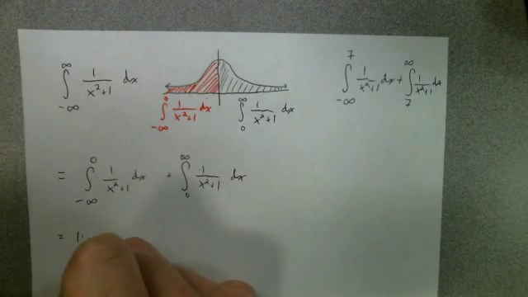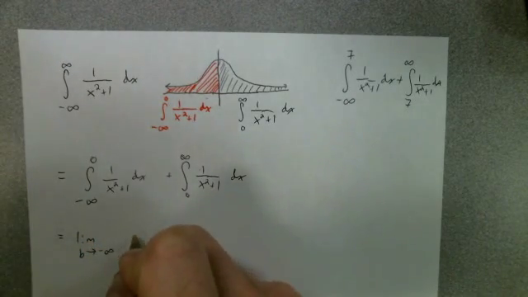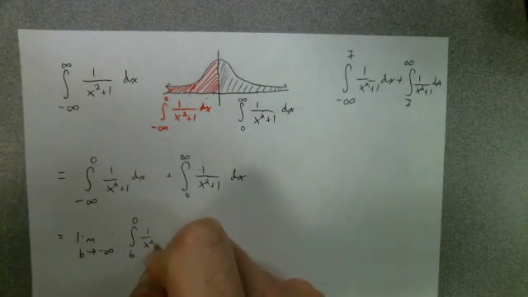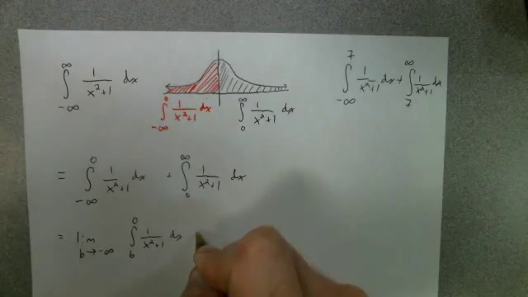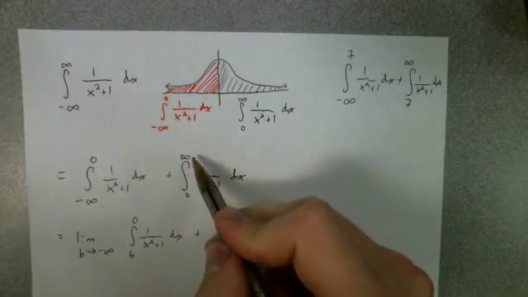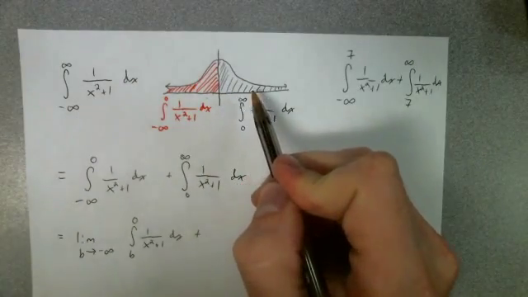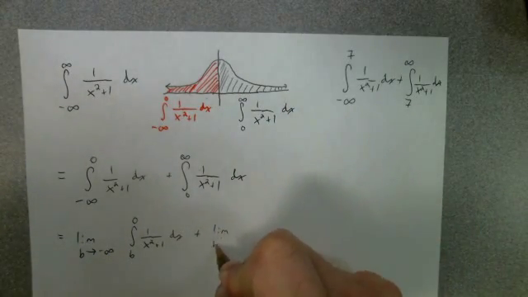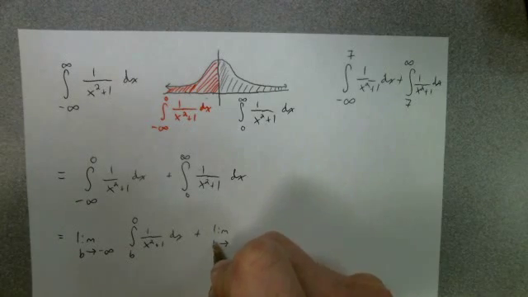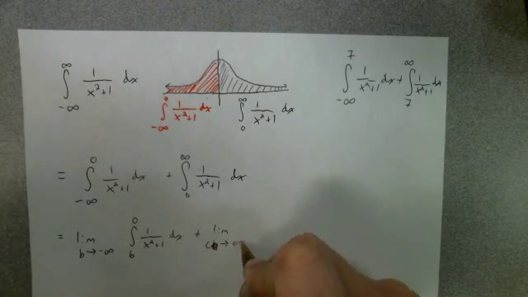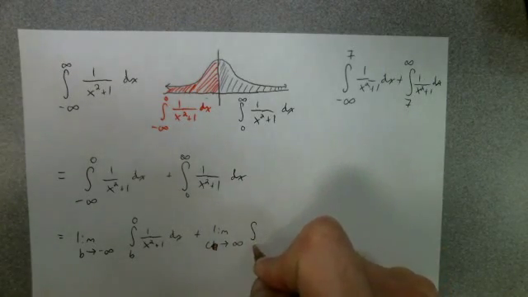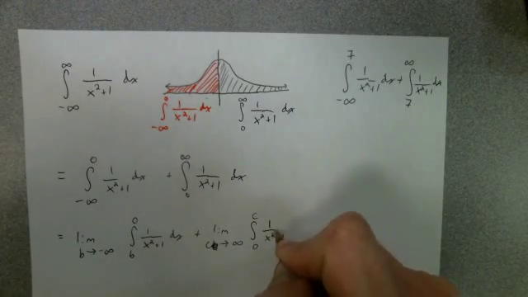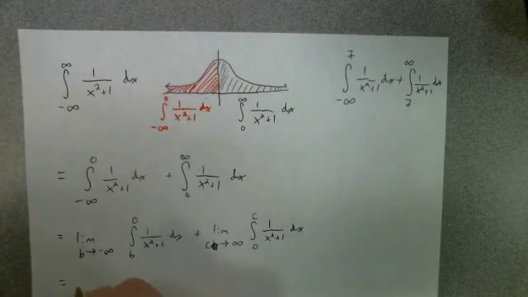We're going to take the limit as b goes to negative infinity of the integral from b to 0 of 1 over x squared plus 1. And over here, we take more and more area going this way: the limit as c goes to infinity of the integral from 0 to c of 1 over x squared plus 1 dx.